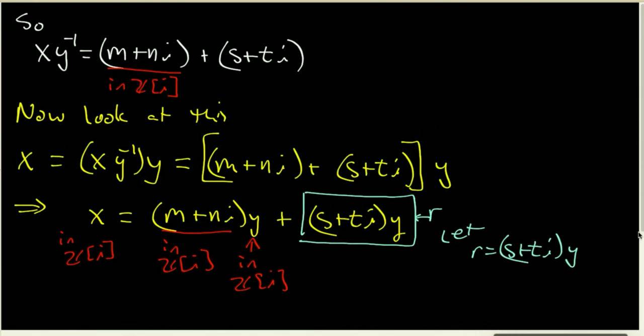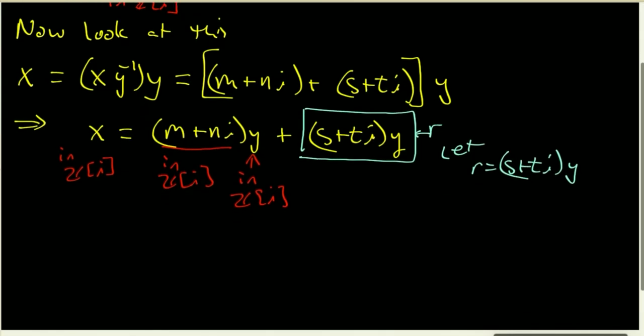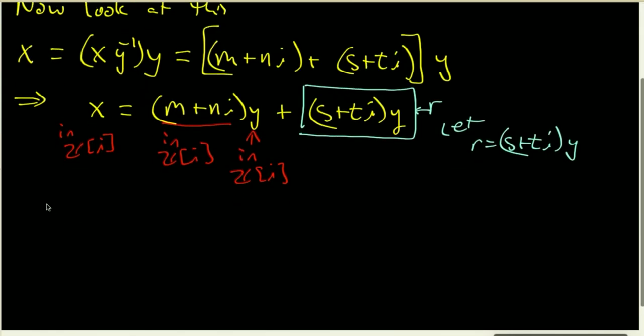So now let's continue looking at some special things. This equation can be rewritten as follows. r is equal to x minus (m plus ni) times y.